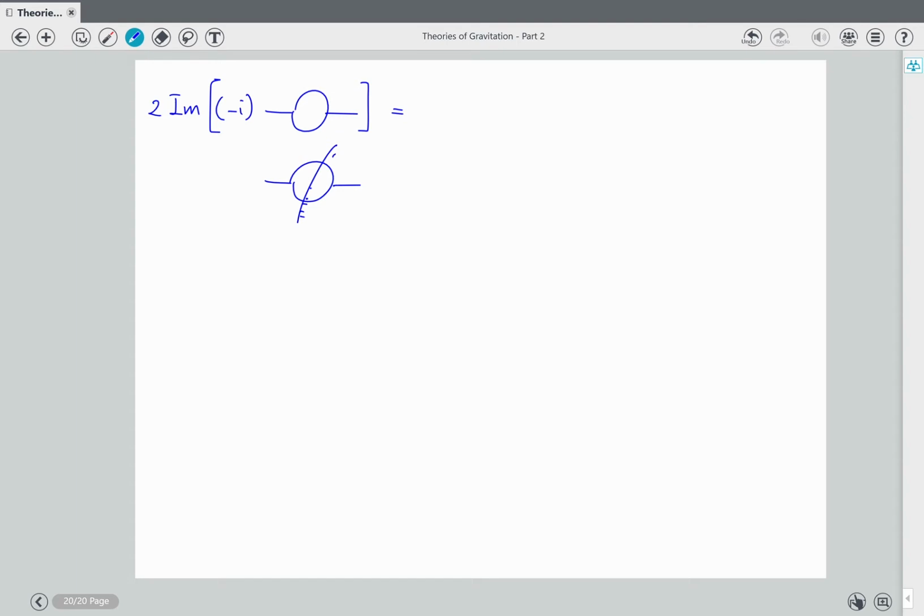It's a little bit more complicated, but basically you have these vertices. On the left you have this, on the right you have that, and the cut tells you that one side is the complex conjugate of the other.